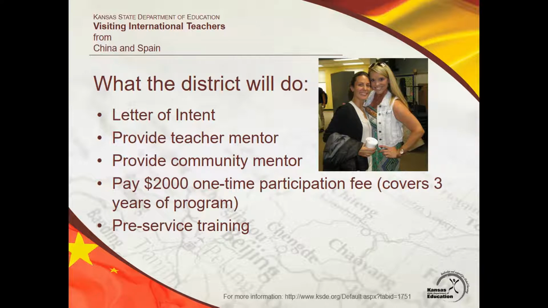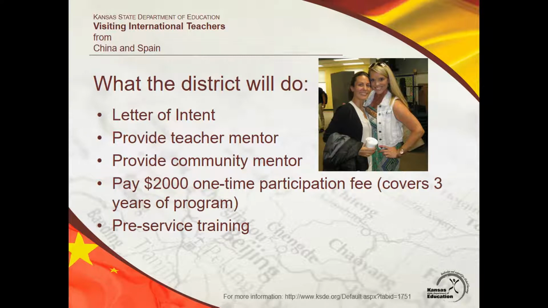Part of those responsibilities are also to provide a teacher mentor within the school, someone that the visiting international teacher can link up with and be able to receive some resources and just help on some of the different structures, just as you would have for a new teacher in your school. And another responsibility is to have a community mentor.